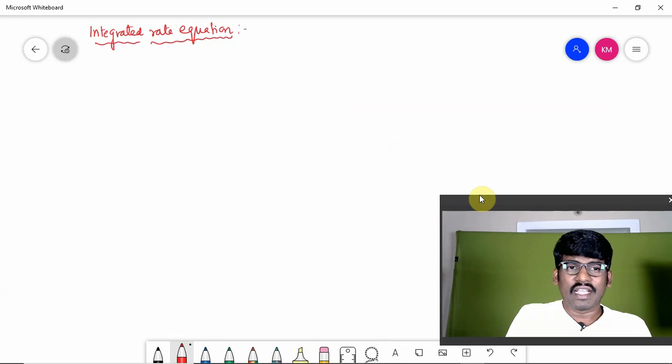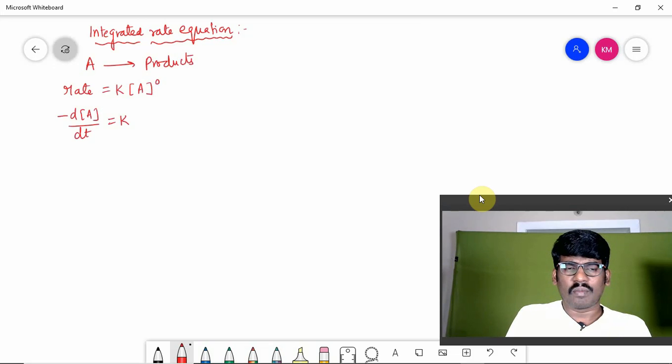As I have already given in the first step, A is giving rise to products. So rate is equal to K into concentration of A raised to 0. Then rate, minus dA by dt, is equal to K, because A raised to 0 is equal to 1.